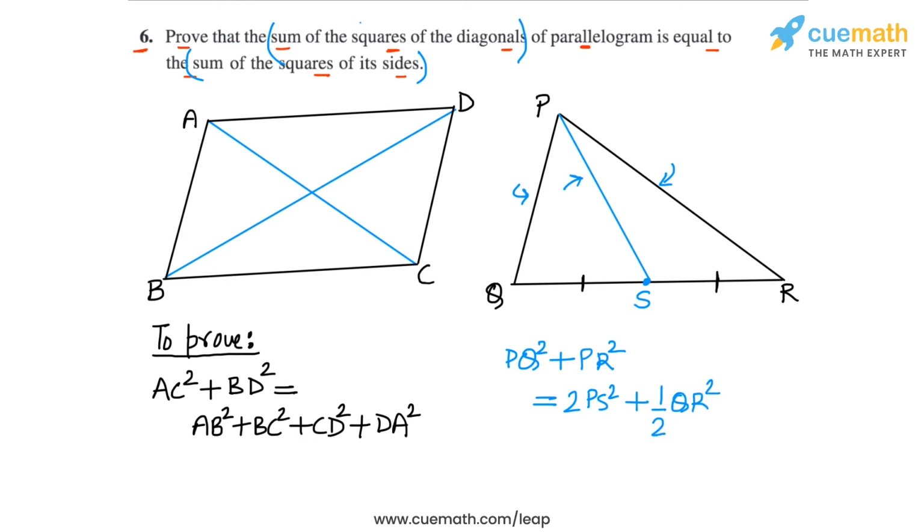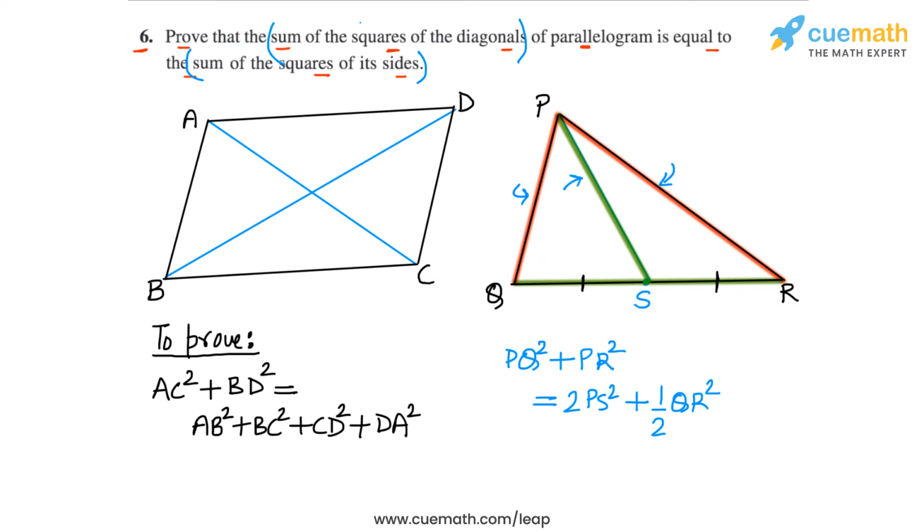Okay, let me repeat this result once again. If we take PQ square and PR square and add these two squares, we will get twice PS square, the square of the median, plus half of the square of the opposite side. So this result is what we are going to use to prove what we have to prove in this question. Okay.